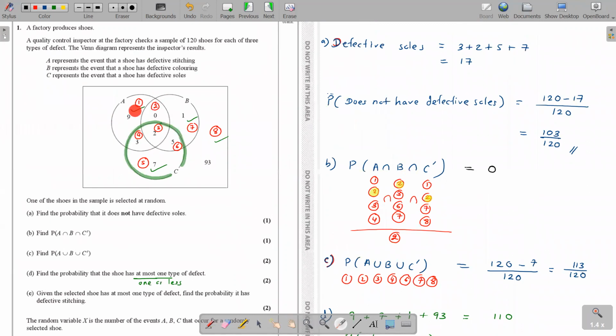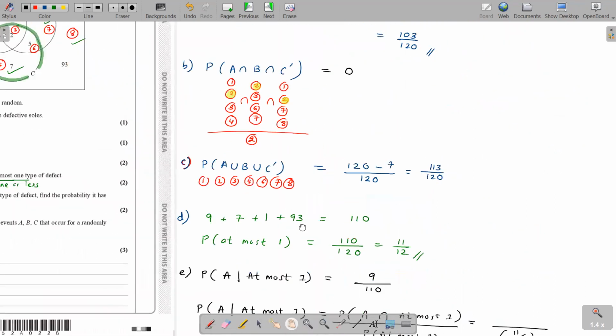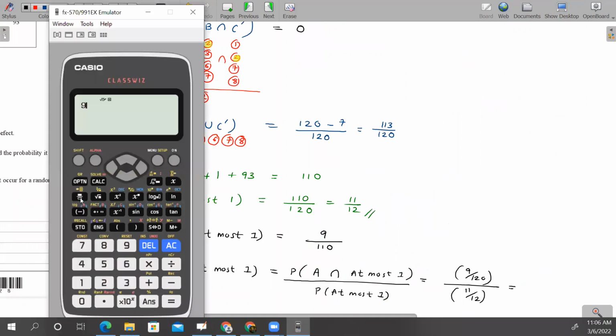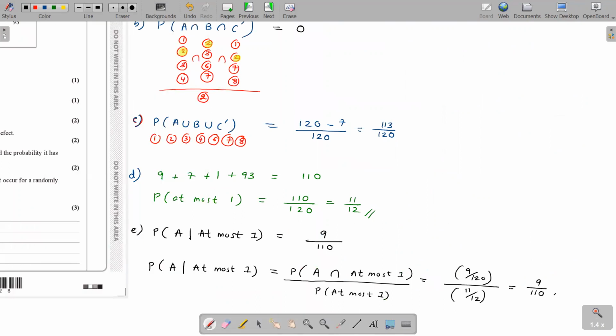In region number 1. In region number 1, we have 9. So to make it a probability, you write 9 out of 120. Then 9 over 120 divided by 11 over 12, and we get 9 over 110 again. Regardless of which way you use, you should be able to get the answer.